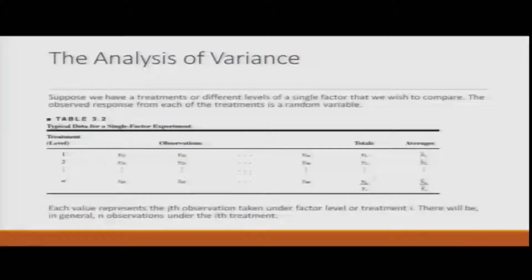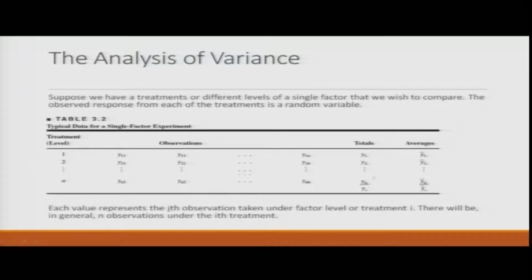Similarly, if I go to the last row corresponding to treatment level a, it will be ya1, ya2, ya3, ya4 till yan. The first suffix is for the treatment, and the next number is for the reading. The totals are given by adding up all the values corresponding to the treatment.